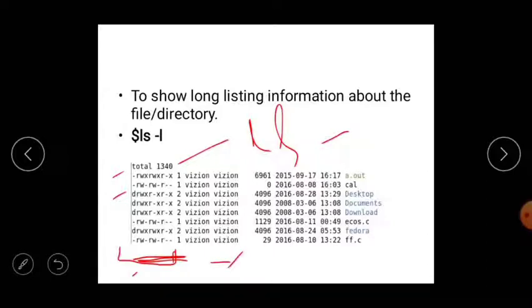If we use minus r, we normally call it minus, but in Unix we call it hyphen. If the first character is hyphen, it means it is a normal file.